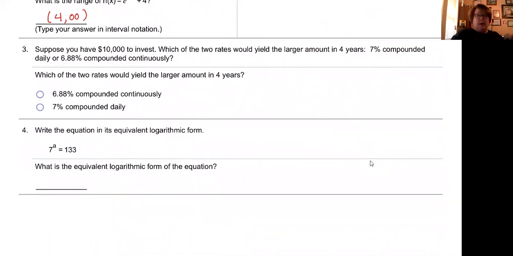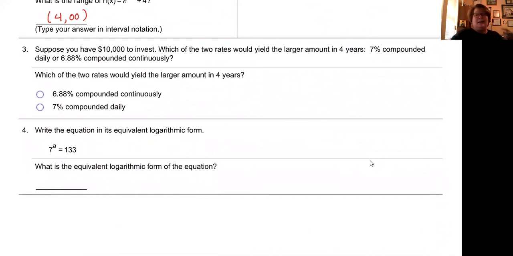So you're going to have to use the 2 compound interest formulas. The first formula is for a discrete number of compounding periods. Discrete means you can count them. So compounded daily, you can count the number of compounding periods in a year. Compounding continuously, you can't count that.